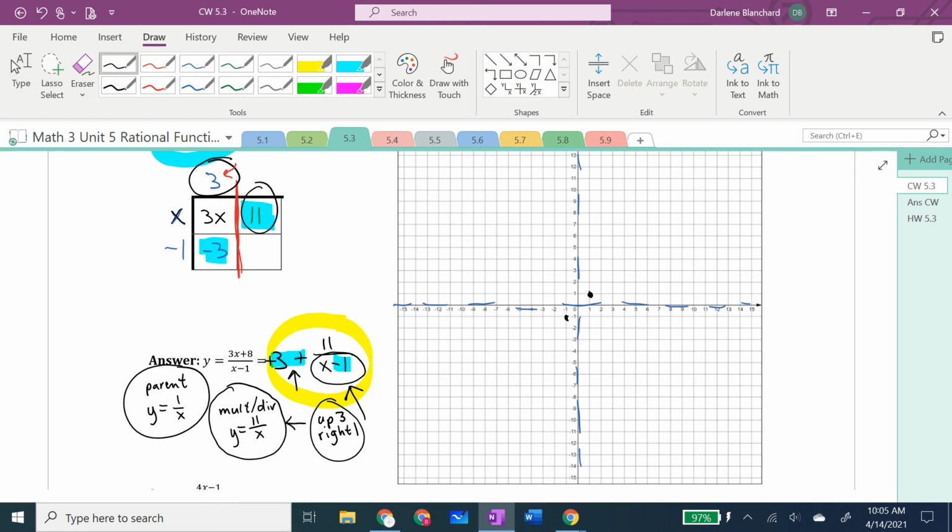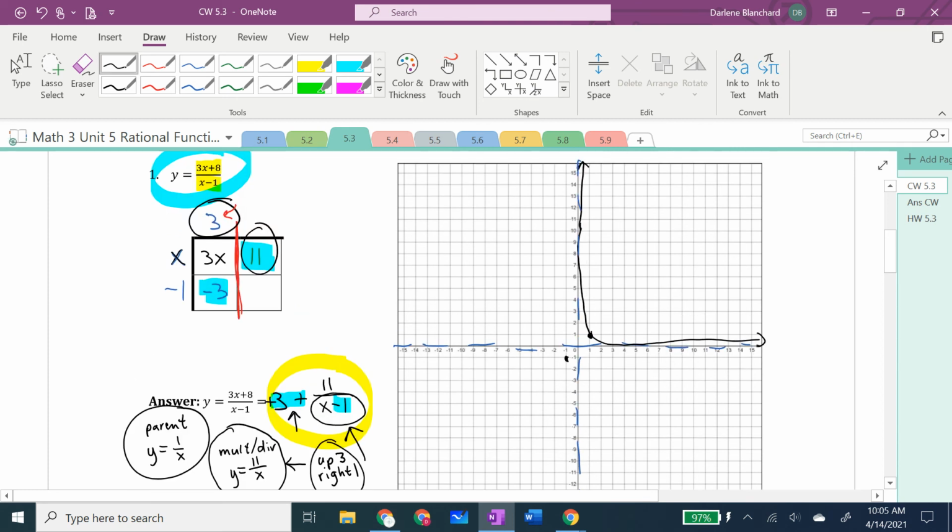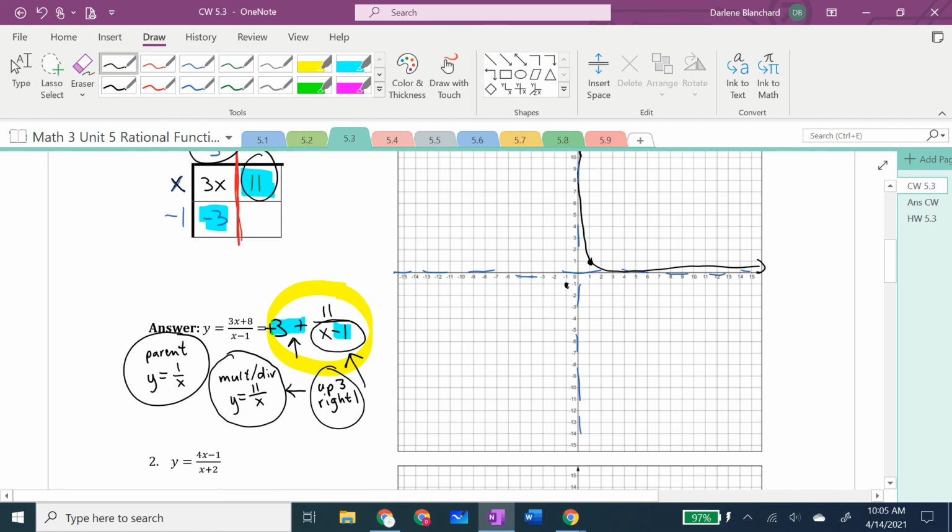Now you should be familiar with the fact that the graph goes like so. You don't have to be perfect in your drawing, but I'm going to erase what I'm drawing right now in just a moment.